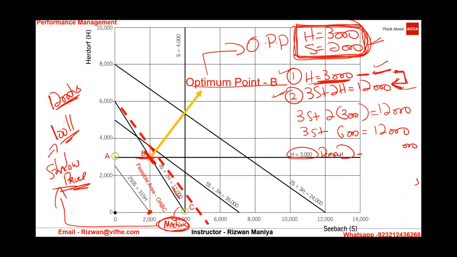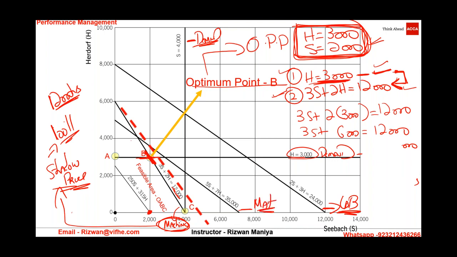Now all other lines. What you can find out about the other lines here: we have this line, this is of labor, I guess. Yes, the labor line we have, and we have this S line. S is the demand line. And there is one more line here, this is the material line.